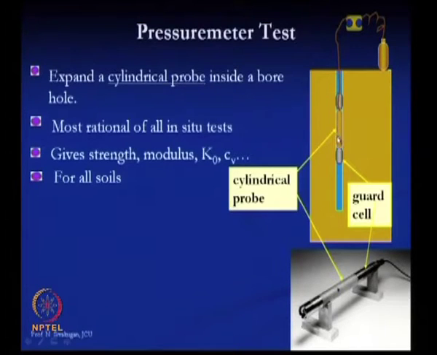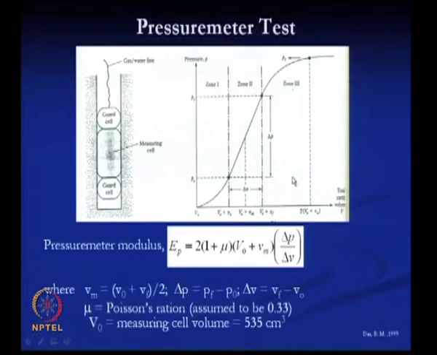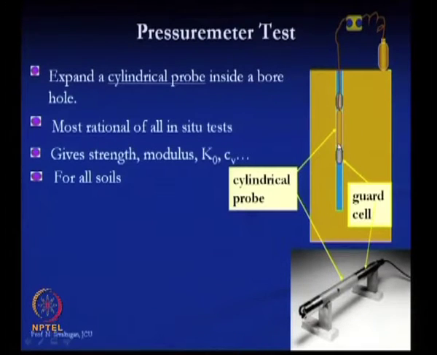This measuring cell is expandable, and it expands inside the borehole; by using this expansion we can determine the properties of the soil. This is the most rational of all in situ tests, giving strength, modulus, K0, Cb0, Cv values, and we can use it for all types of soils.